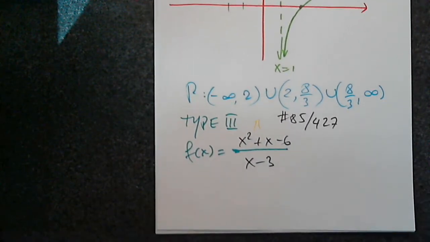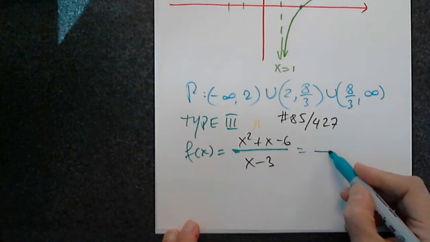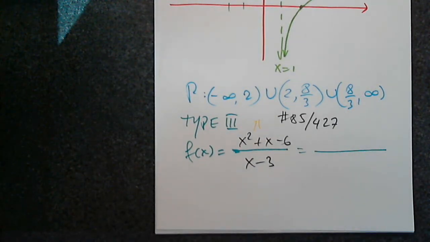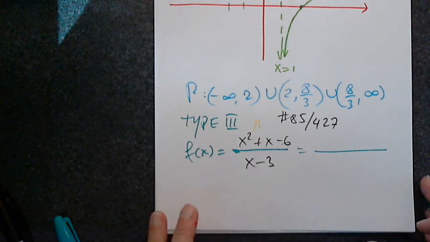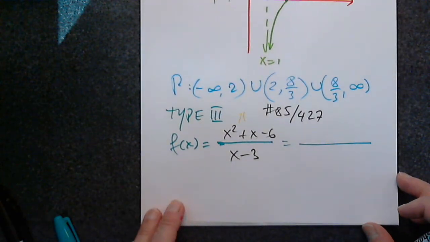Okay, so it is type 3 indeed. I will get it ready and prep it in any way, shape, or form for what's next. So what do you think we're going to do immediately? What can be done?